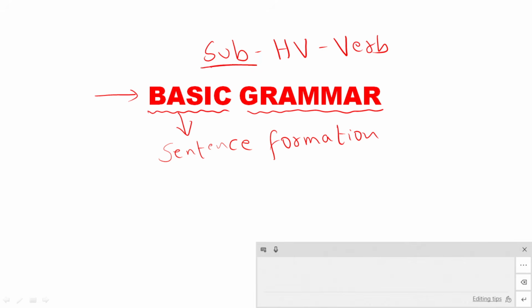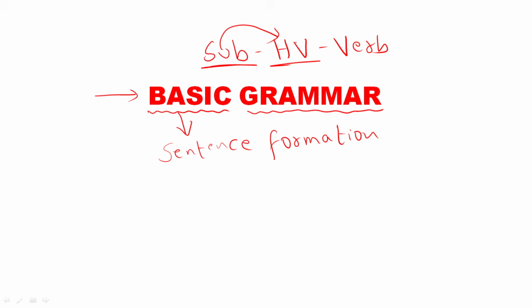So the relationship between the proper subject and the proper helping verb is step number 1, and also step number 2 is the relationship between the proper helping verb and the proper verb. That is the main element involved in learning the basic grammar.